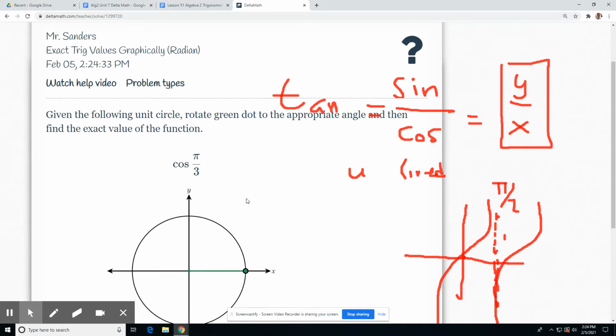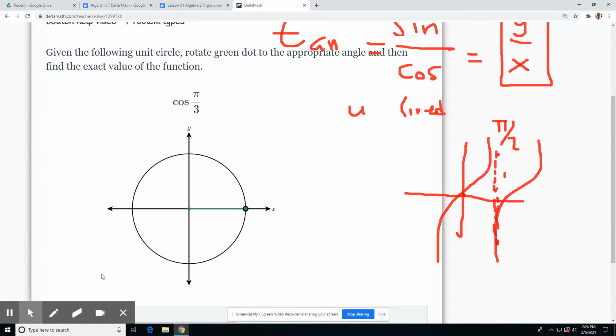Cosine of pi over 3. All right. Well, this is pi over 2. This is 0. So pi over 3 would be right here, 1/3 of the way. Wait, that would be 60.